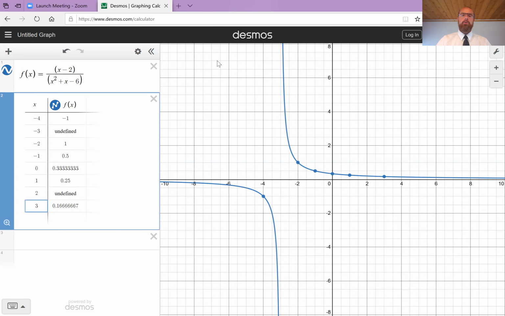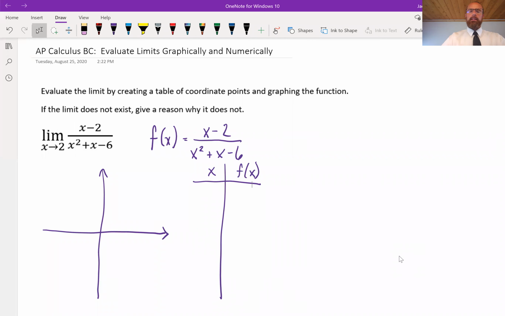So let's head back to our coordinate plane and let's recreate that table and that graph. So again, we had extended this back to -4, and we'd gone all the way to +3. So I'll write those values in.